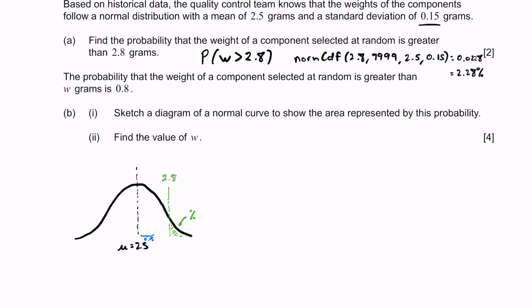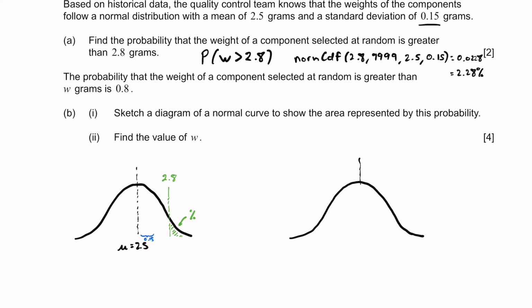Moving on here, the probability that the weight of a component selected at random is greater than W grams is 0.8. Part 1 of B asks us to sketch a diagram of a normal curve to show the area represented by this probability. All right, so let's sketch a normal curve. So this is the same normal curve as originally, as the one we have here.